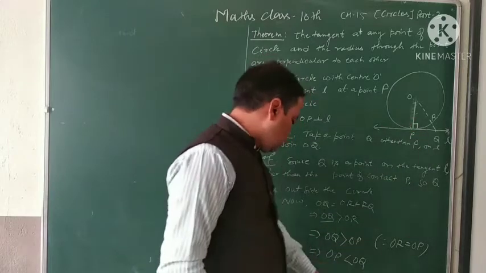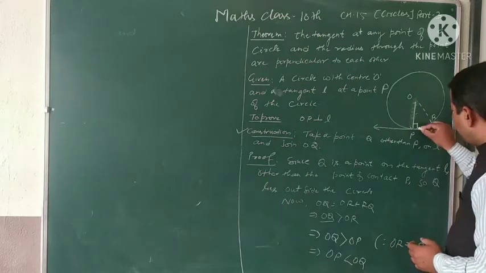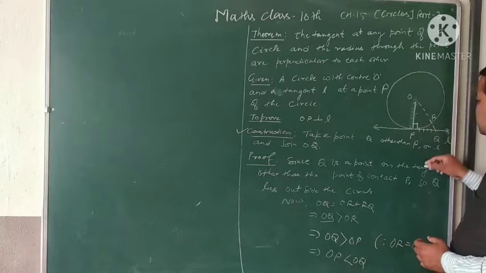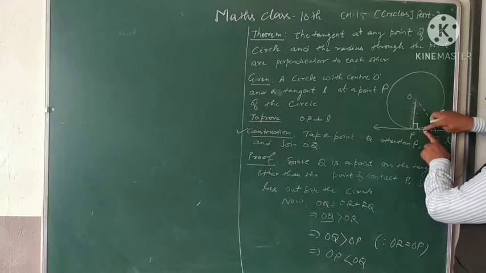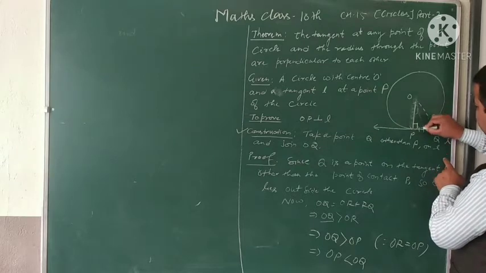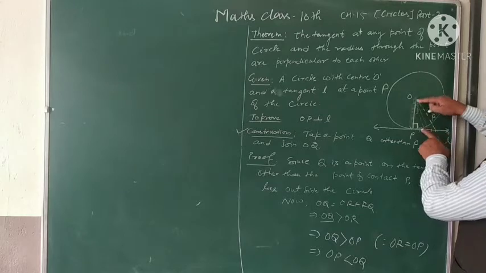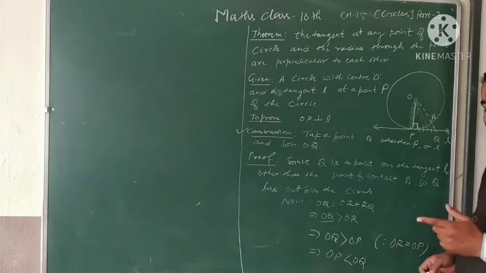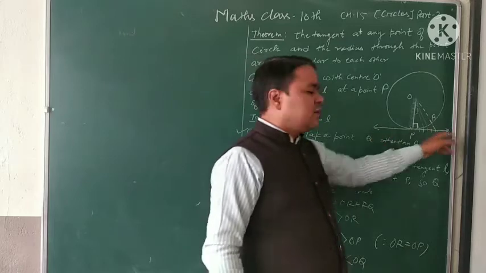If we take any point here, just like A, B, C, D, then OA will be greater than OP, OB will be greater than OP, and for every point we take, all the lines joining the center of the circle will be greater than this OP. In short, OP is the shortest distance from the tangent.